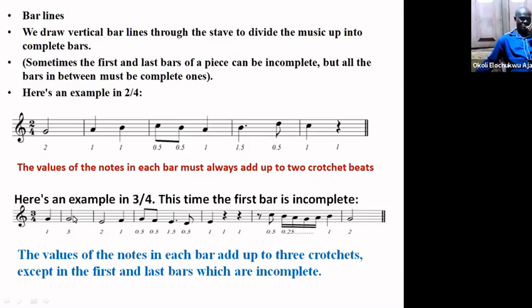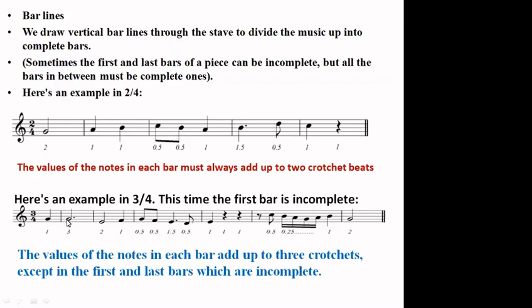And remember I told you that 3-4 means 3 crochet beats in a bar, because 4 represents crochets. So here you have a dotted minim, which if you separate this dotted minim into parts, you have 3 crochets in it.